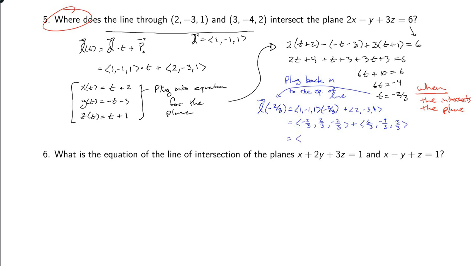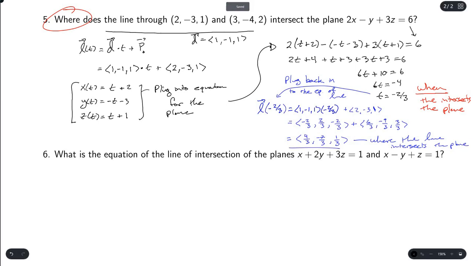And we get 4/3, negative 7/3, and 1/3. So this is where the line intersects. And that's our answer. That's it.